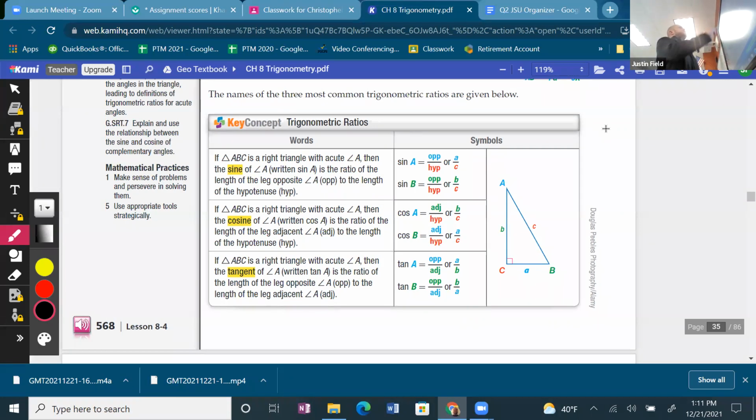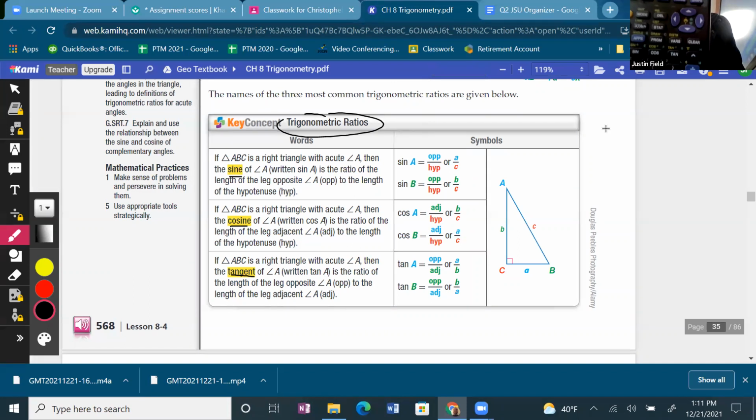What you need to know is your trigonometric ratios. We have sine, cosine, and tangent. If you have a graphing calculator, you may have noticed that it says sin, cos, and tan.